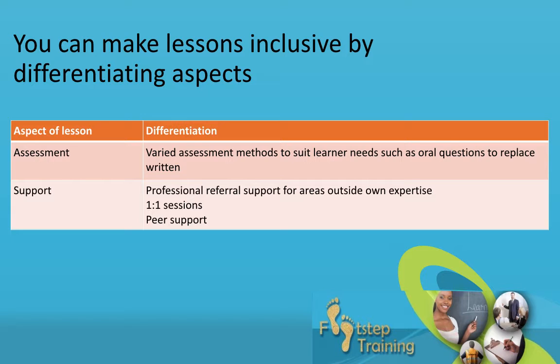So whether that's professional referral support, because the needs of a particular individual might be outside of your remit. So if somebody needs specialist help on core skills such as numeracy, literacy, or ICT and so on, maybe that gets referred. Maybe you can offer one-to-one sessions, or maybe there's the opportunity to have peer support sessions. But again, you can differentiate and make lessons more inclusive by offering those different ways of supporting.